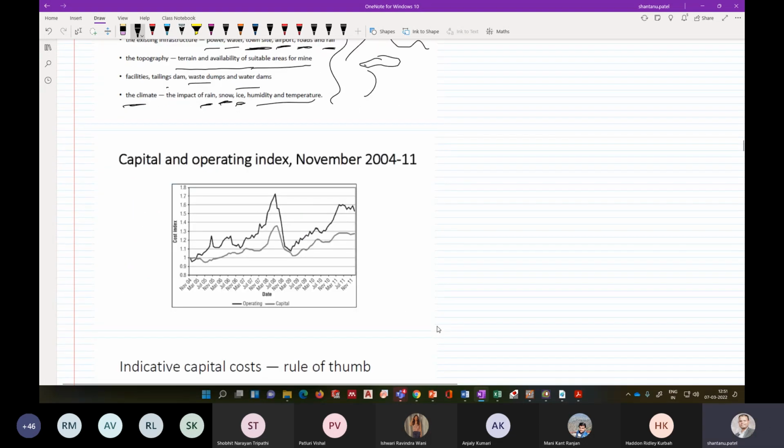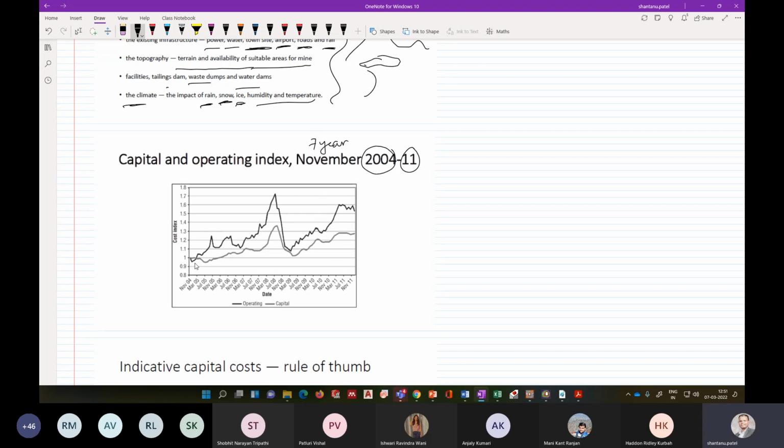So this is a comparison of capital and operating cost between November 2004 and November 2011. So how it has changed over the 7 years.